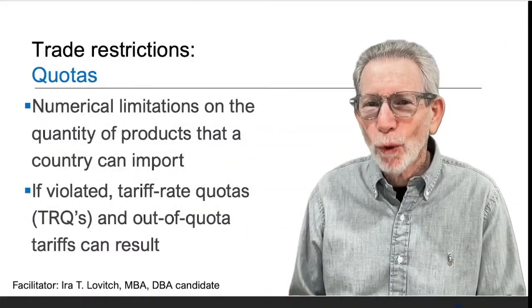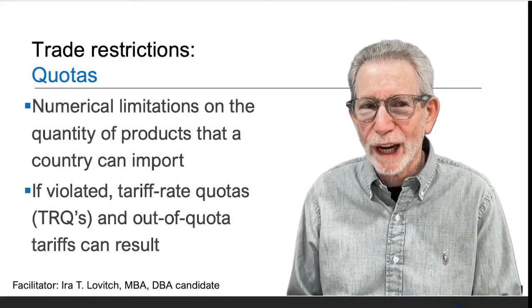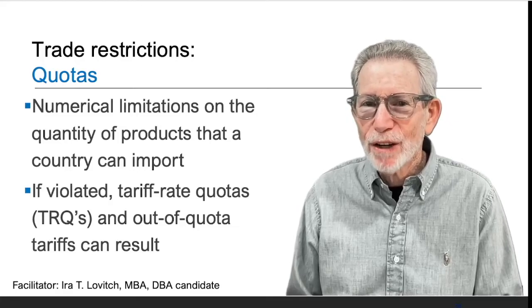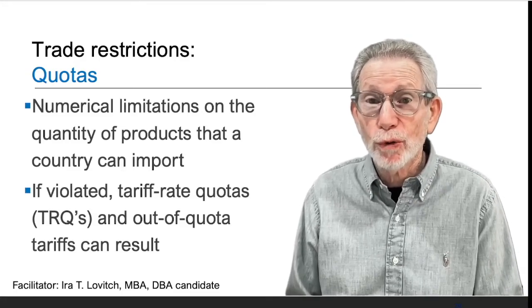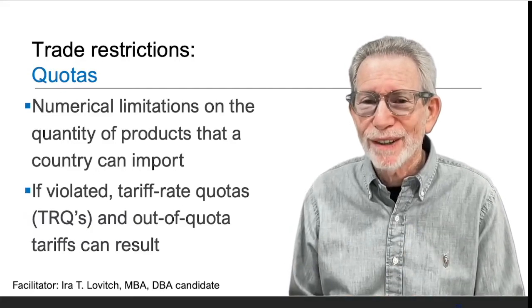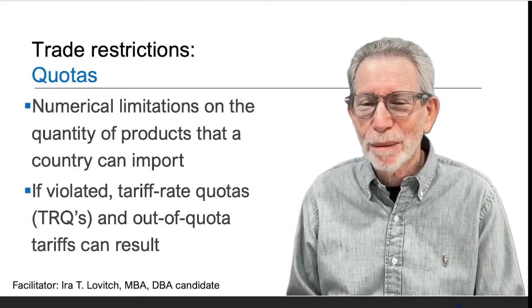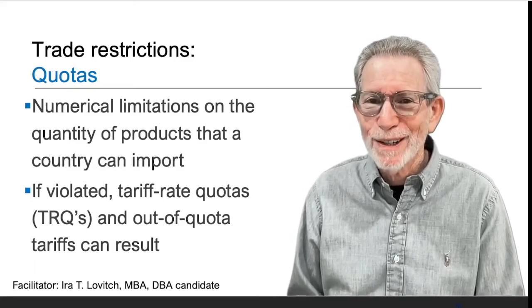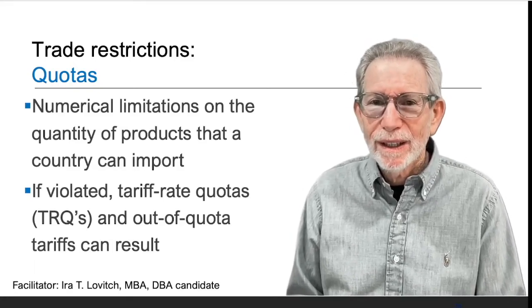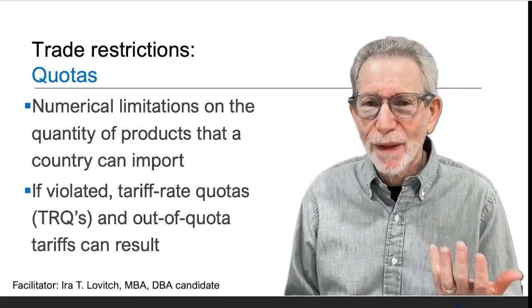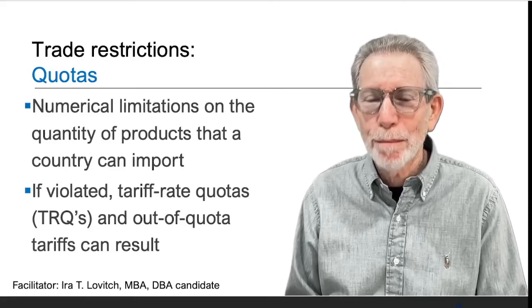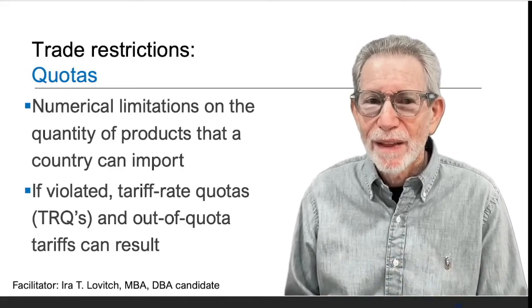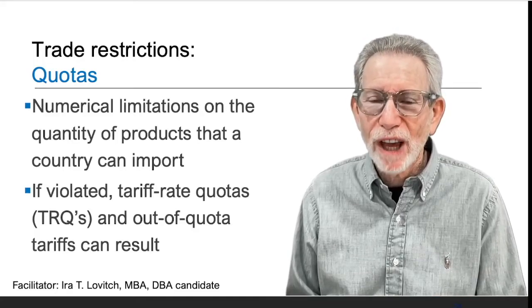So we mentioned quotas was the second form of protectionism, and it's a numerical limitation on the quantity of products that a country can import. Now, sometimes they are voluntary. Sometimes nations will impose quotas upon themselves to prevent a nation imposing it upon them that they're trying to import into. But if they're violated, whether they're voluntary or involuntary, which means set by the importing nation, which is most common, there could be a tariff rate assessment or tax.